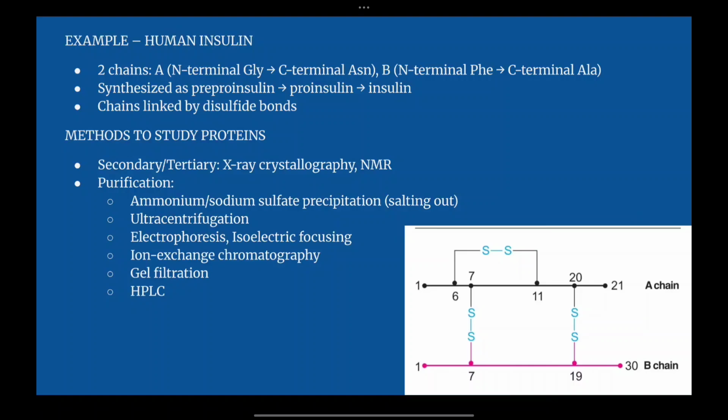Gel filtration is also a method used to study the protein. HPLC is also another method to determine the protein. HPLC is high performance liquid chromatography, sometimes also called high pressure liquid chromatography. It is a test that is used in biochemistry, usually to analyze the proteins or any other metabolites that are present.